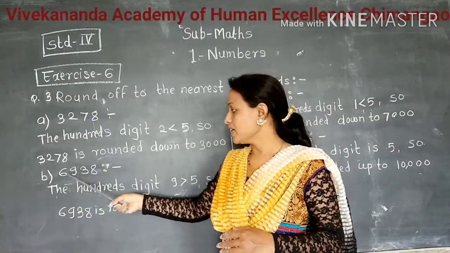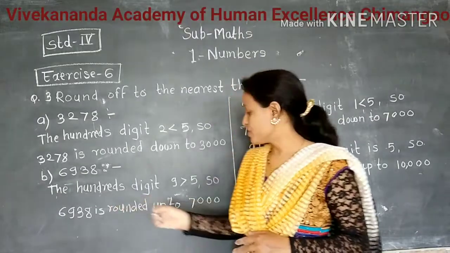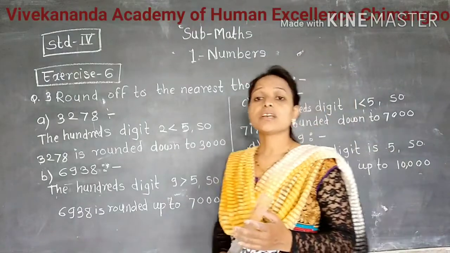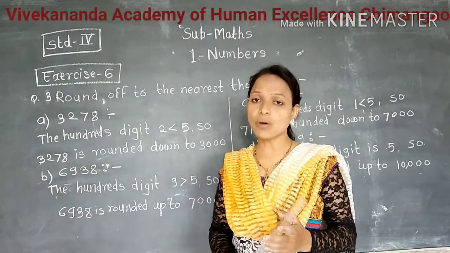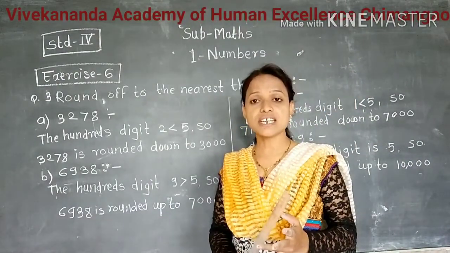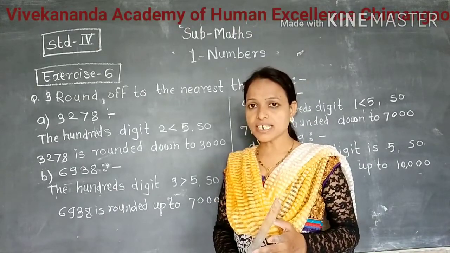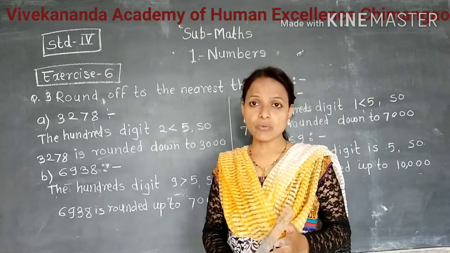6,938. Here the hundreds digit is 9, which is greater than 5. So if the hundreds digit is greater than or equal to 5, then the ones, tens and hundreds digits are replaced by 0 and the thousands digit is increased by 1.